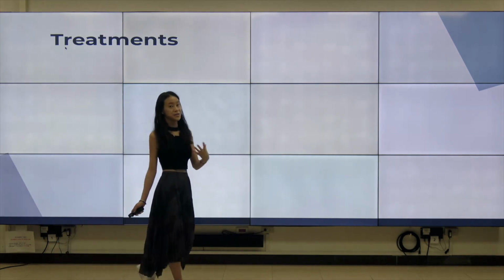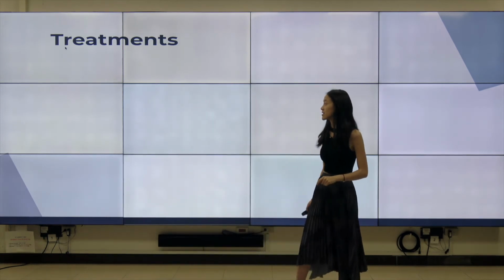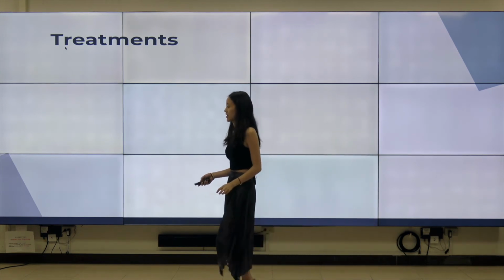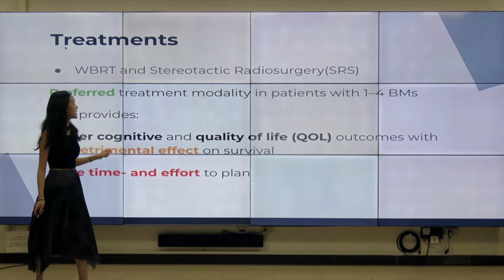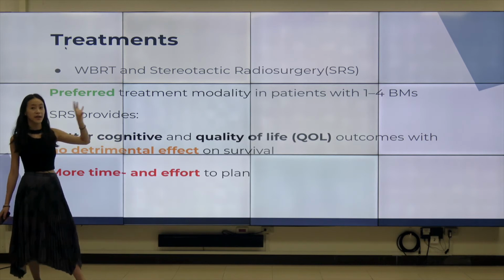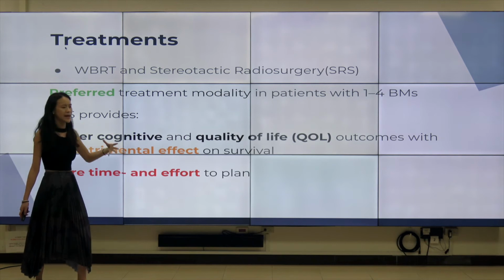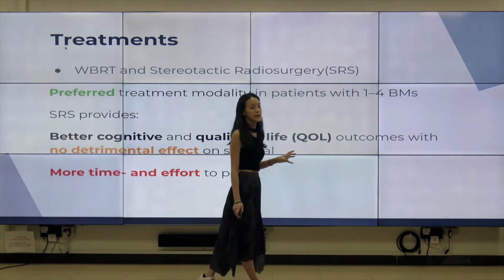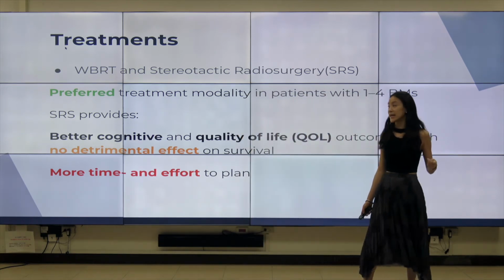So, talking about treatments, the two treatments that I mentioned before, let's go a little bit deeper into that. The very first kind would be WBRT and the second is stereotactic radiosurgery, so the SRS. These are the two different kinds of therapies that exist. For the past decades, WBRT has been the main method of dealing with a lot of these brain cancers or brain metastases.